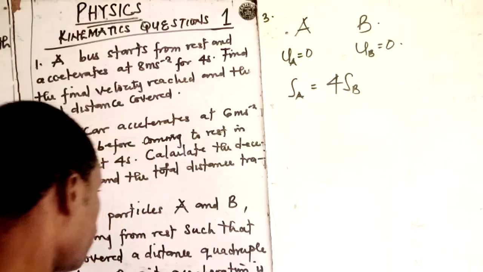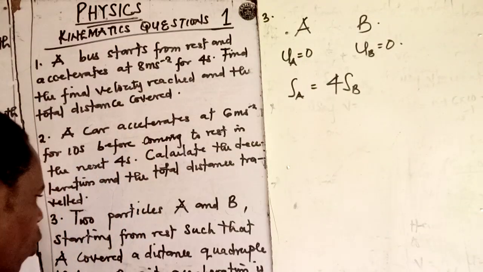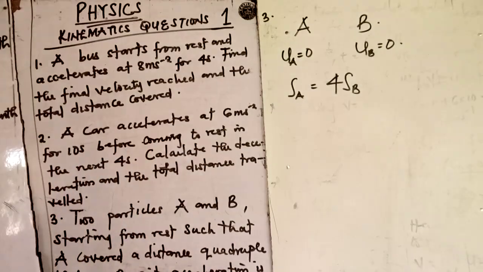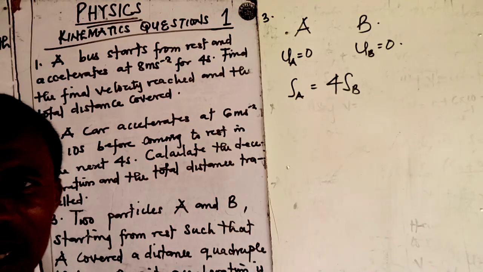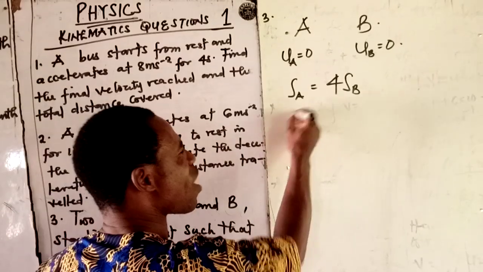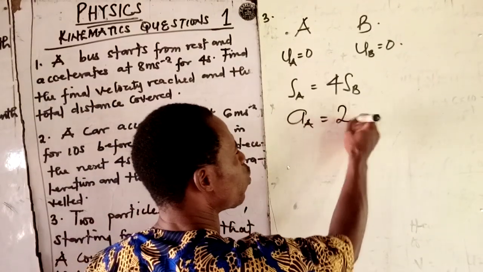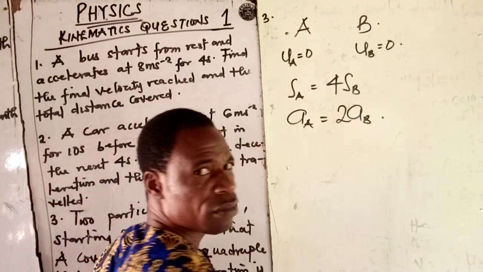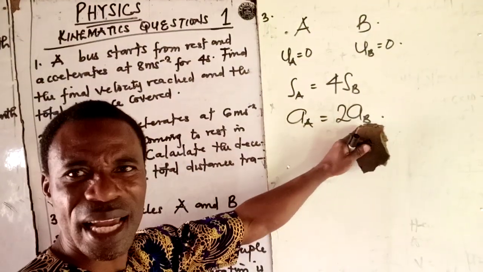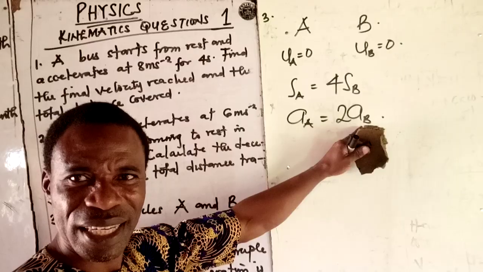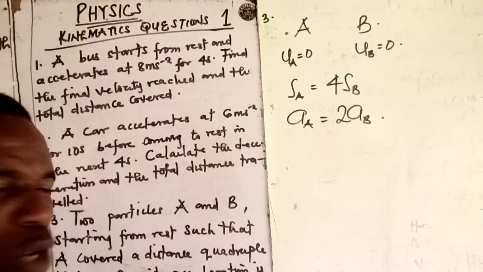Now, as its acceleration is twice that of B, it means the acceleration of A is twice that of B. A of A is 2A of B. That is what we discovered. Now, what are we looking for?